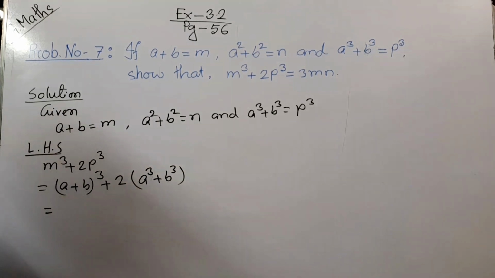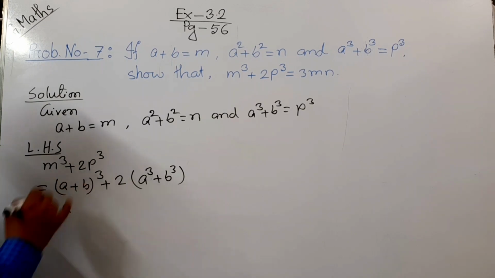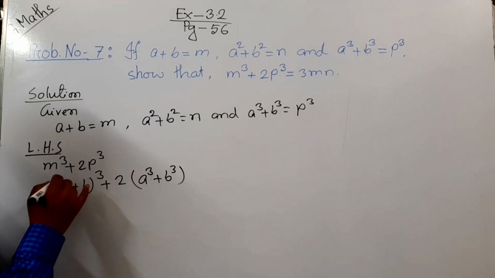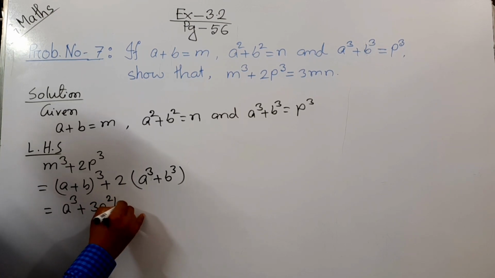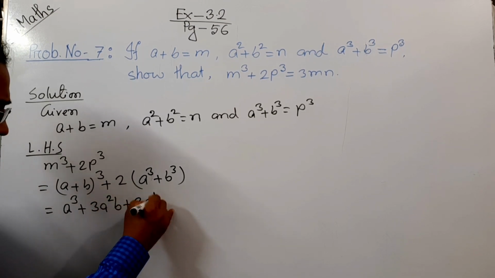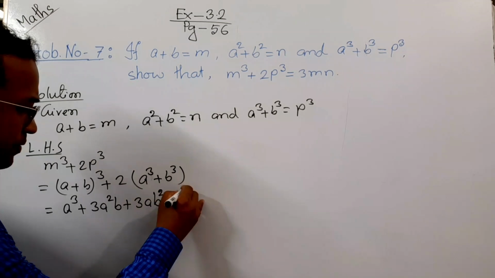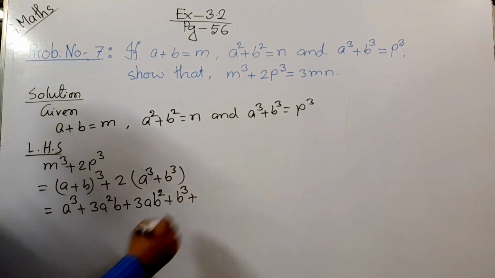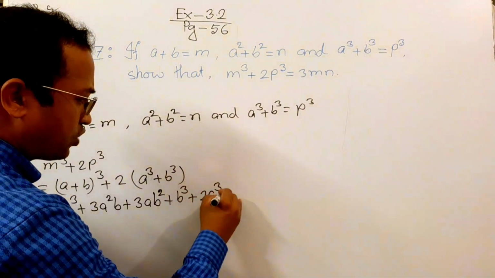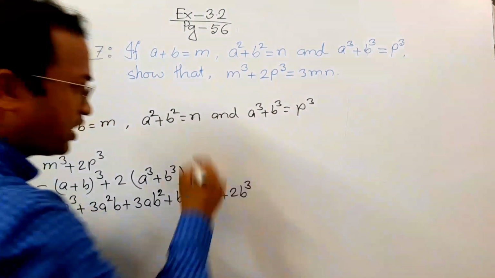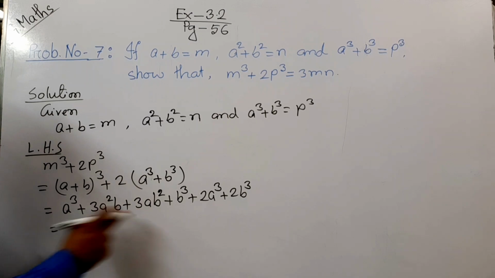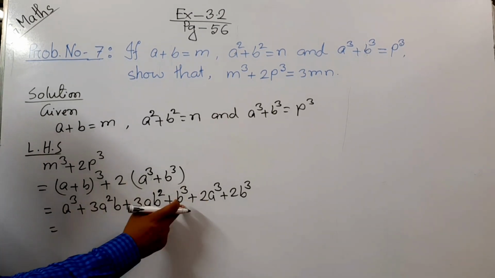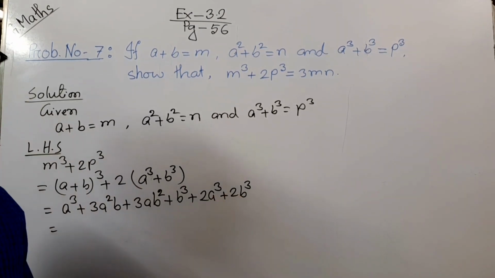Now what is the formula of a plus b whole cube? That is a cube plus 3 a square b plus 3a b square plus b cube, and here 2 a cube plus 2 b cube. Now there is a cube and 2a cube, 3a cube, b cube and 2b cube, that is 3b cube.